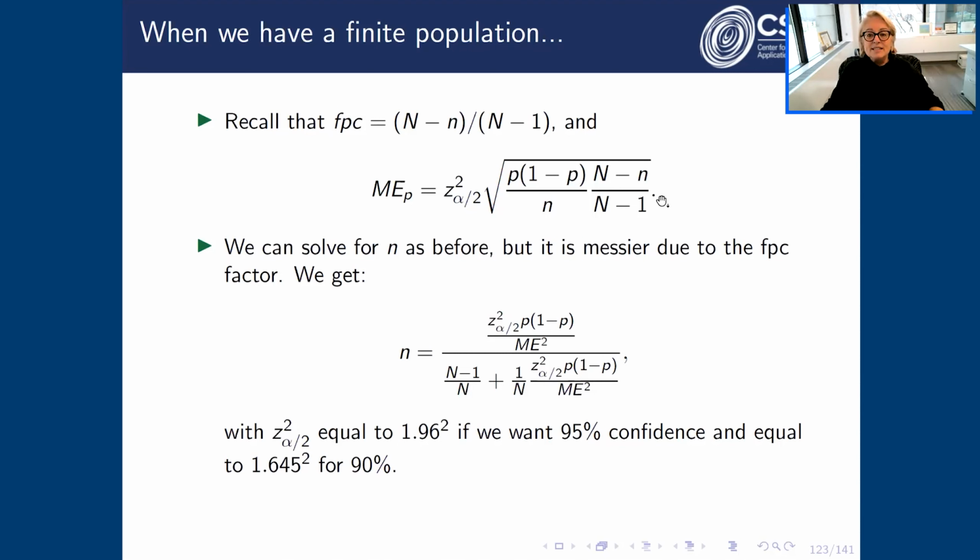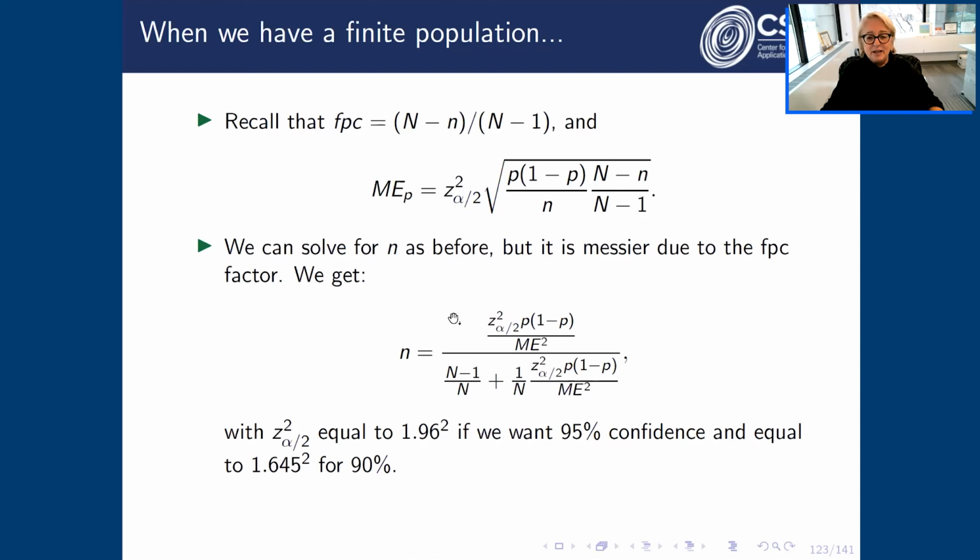And now we can still solve for n, but it gets a little messier because there's an n here and there's an n here. So I fix the margin of error that I desire, and now I have to solve for n, and I can do that, but it gets messy. And this is the expression that I find. Eeky.